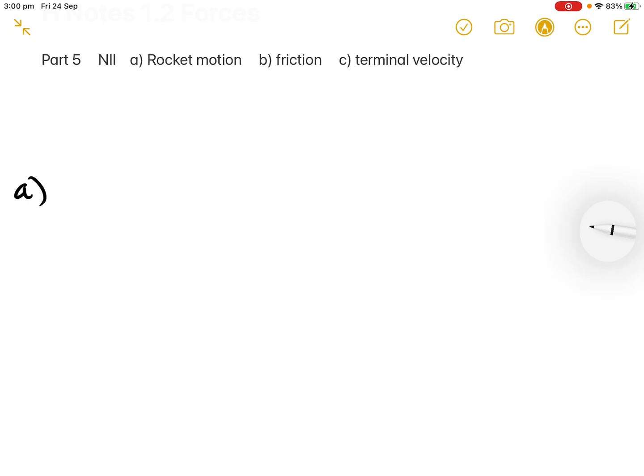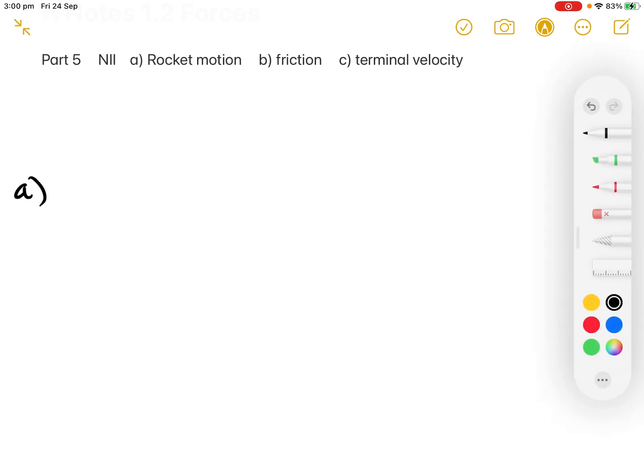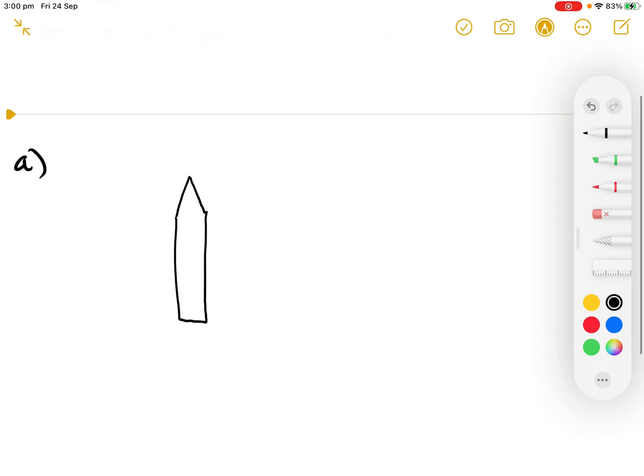So first of all, rocket motion. Just a couple of points to bear in mind. The scenario here is that a rocket is ascending, and you should always remember that when a rocket is involved, there are two bodies to consider.